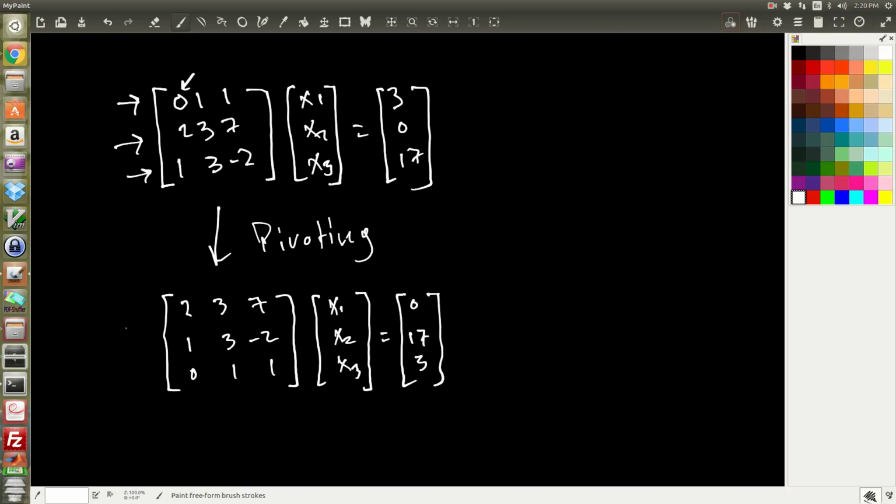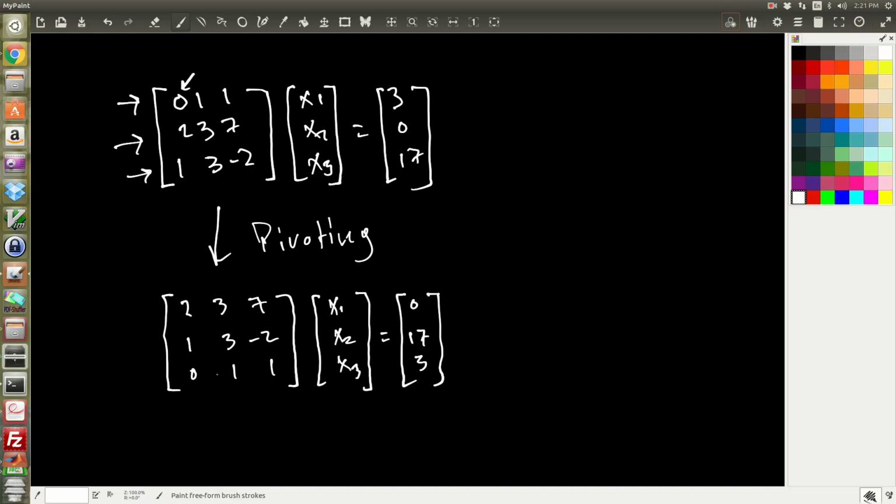So typically when we pivot, we always try and make sure that the largest coefficient in the column shows up at the top. There's a reason for that when we implement it in a computer program, that I'm not going to explain here. But now that we've pivoted our equations by swapping rows, we can go ahead and proceed like we normally would with Gaussian elimination.